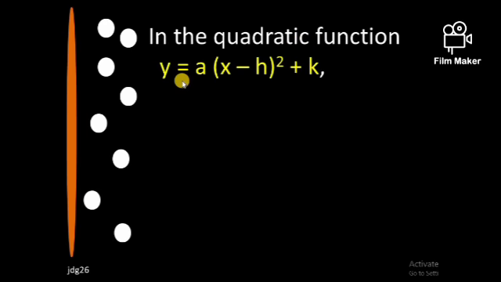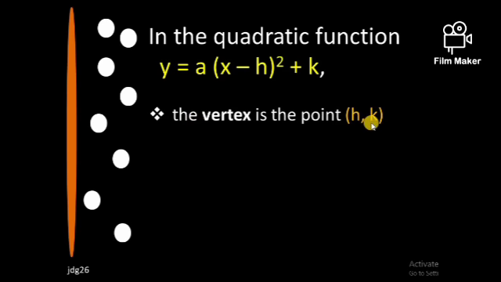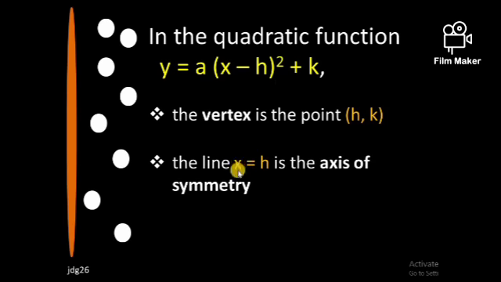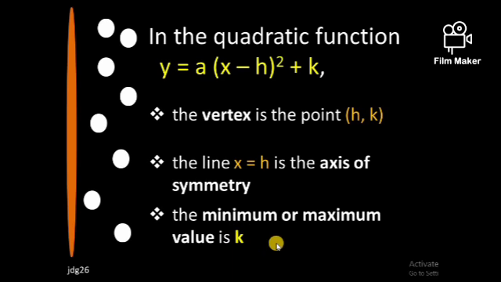In the quadratic function y equals a times (x minus h) squared plus k, the vertex is the point (h, k), and the line x equals h is the axis of symmetry. The minimum or maximum value is k.